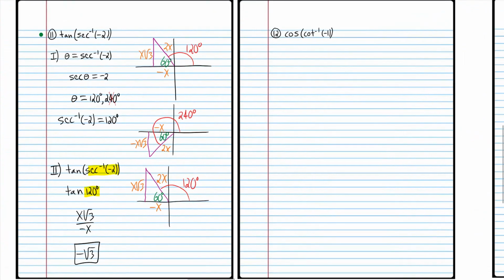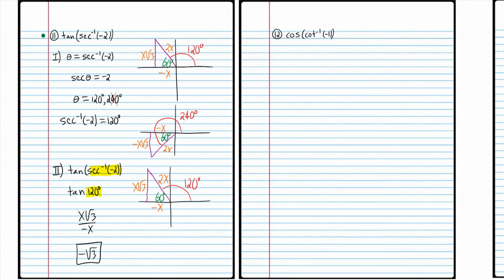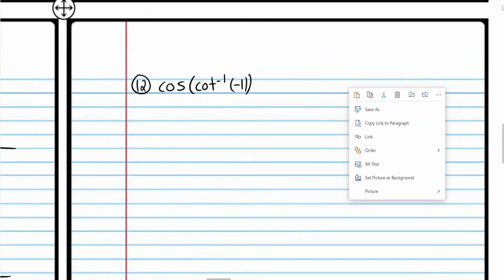So use number 11 to help you with number 12. Remember, you're going to start by finding the value of the inside expression. Try number 12. When you come back, we'll do it together. Okay, we're back.